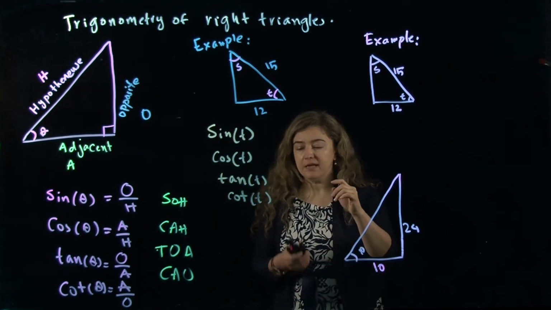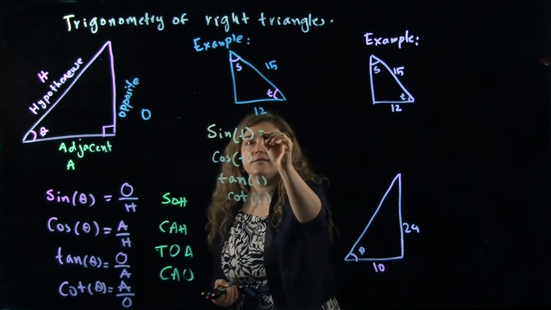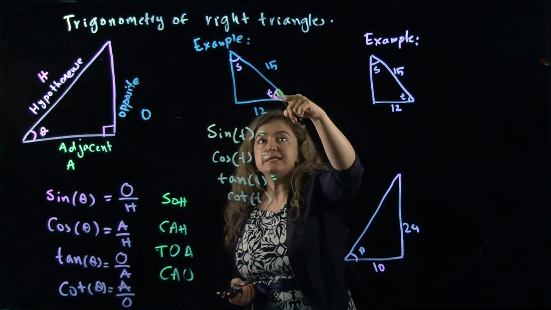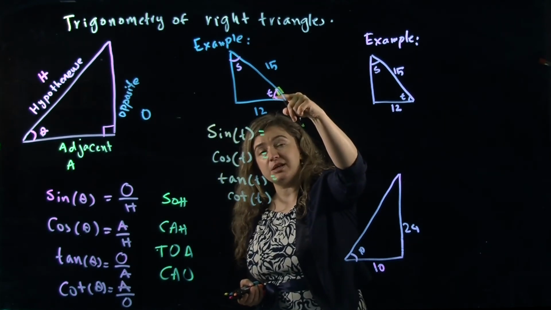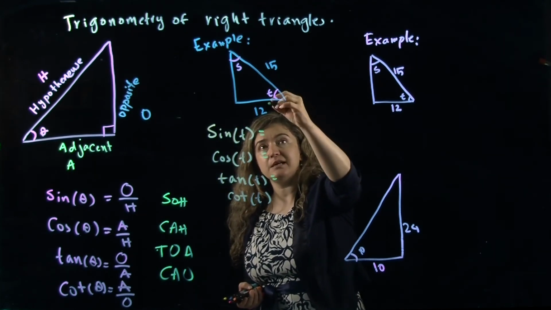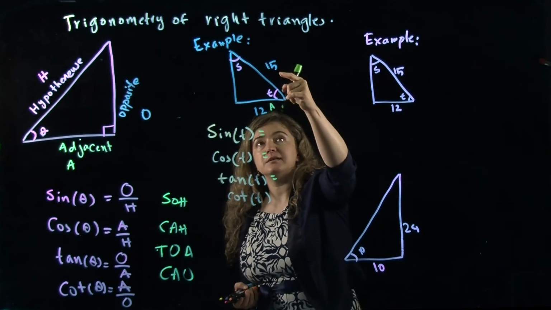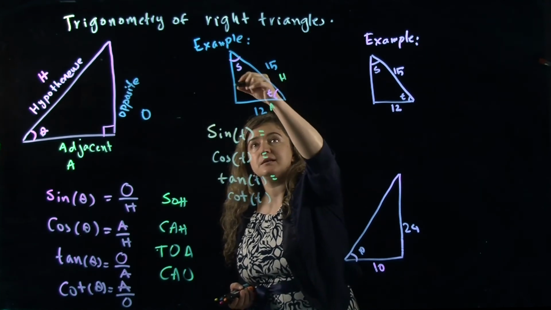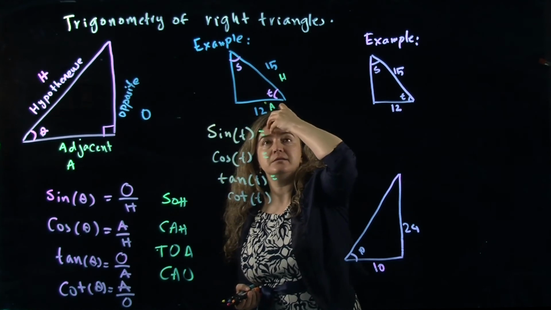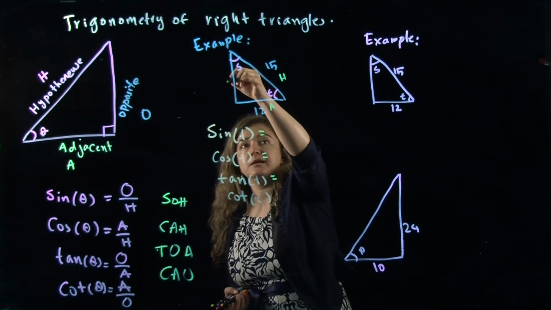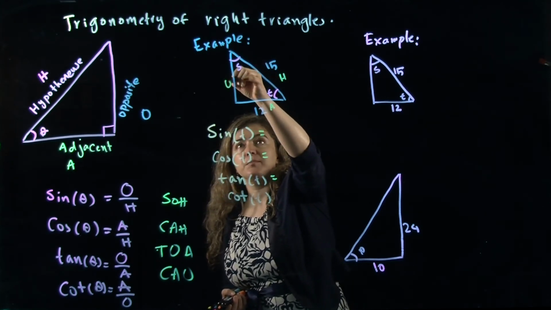Now, looking at the values, the side that is adjacent to t is this one. This one is the hypotenuse, and this one is the opposite.